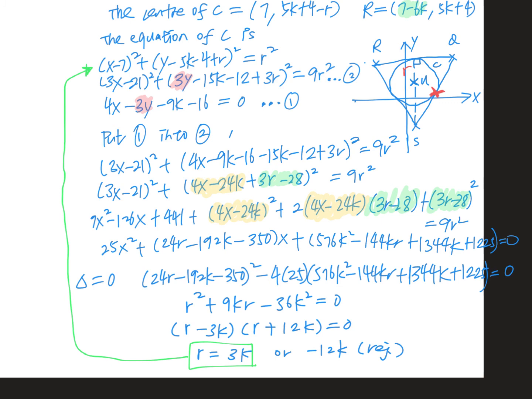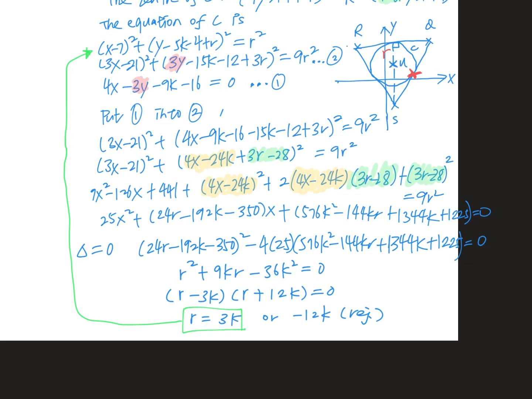So that's why the last step, okay, would be x minus 7 all squared, plus y minus 5k minus 4 plus 3k all squared, equals 3k all squared.